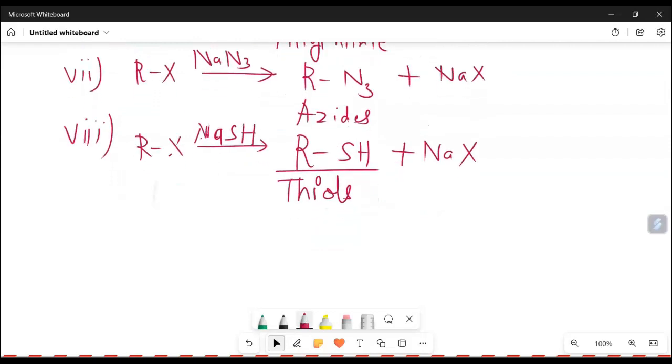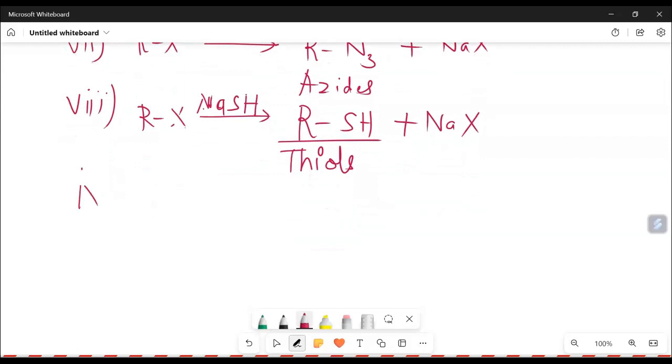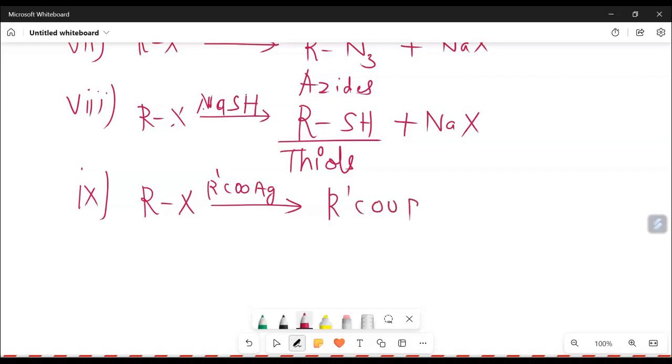Next reaction, you can write down ninth number. That is again R-X reacts with R' COOAg. It will give R'COOR plus AgX.